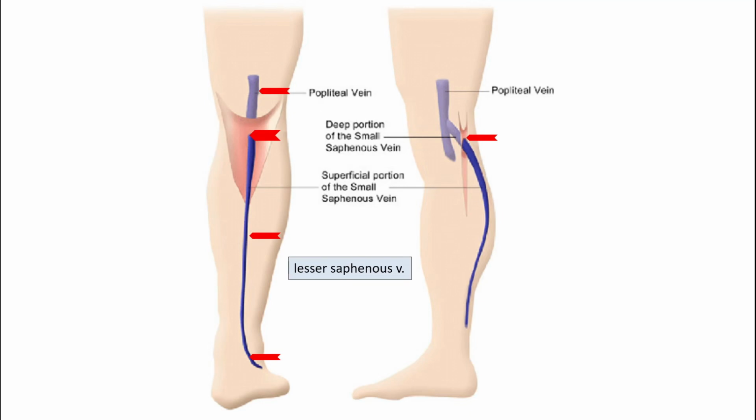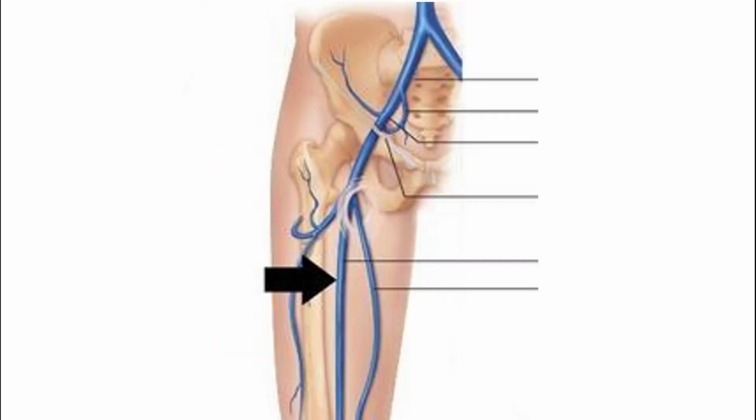This is the lesser saphenous, or the small saphenous vein. The veins of the lower limb, at the end of the day, whether they are superficial or deep, end up in the femoral vein.